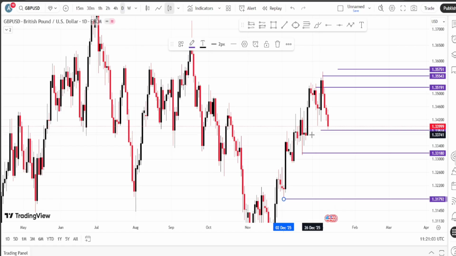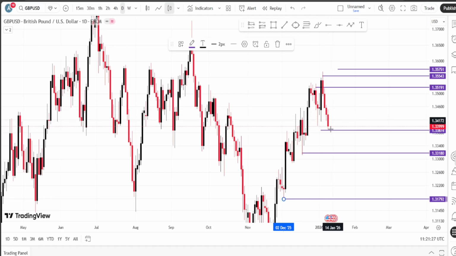If this doesn't hold, and we have a candle closure above this level, then you can look for a buy. Your first target should be 1.34, and the reason is that we have a daily fair value gap here, with the wick here and the wick here.